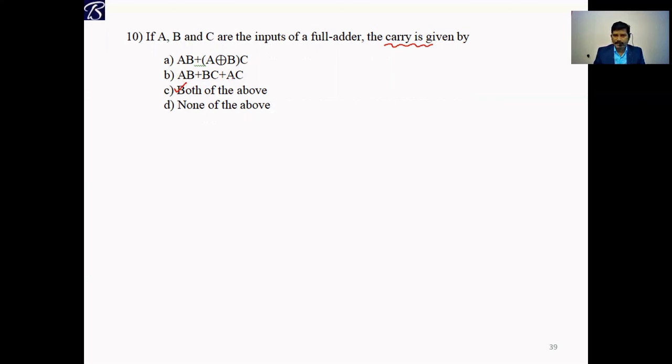We know that it is AB plus BC plus AC, but here three AND gates are required. We have already solved the other way of expression for carry, that is AB plus A XOR B into C. From this only we got that the full adder requires two half adders and one OR gate. Okay, so option C is correct, both of the above.